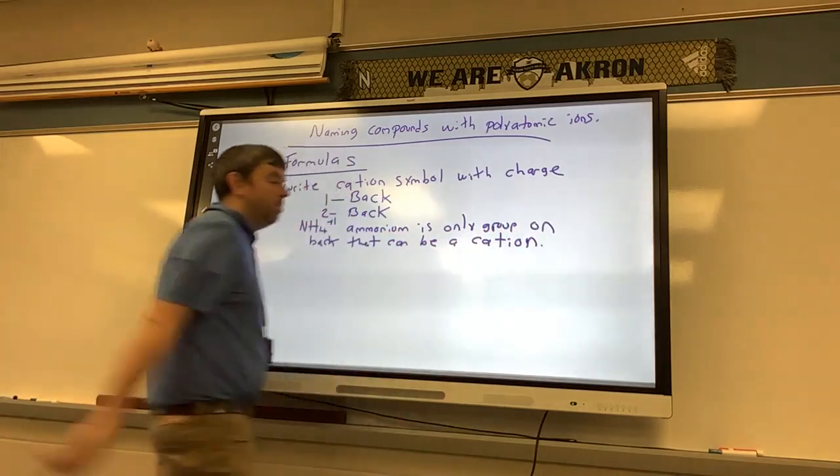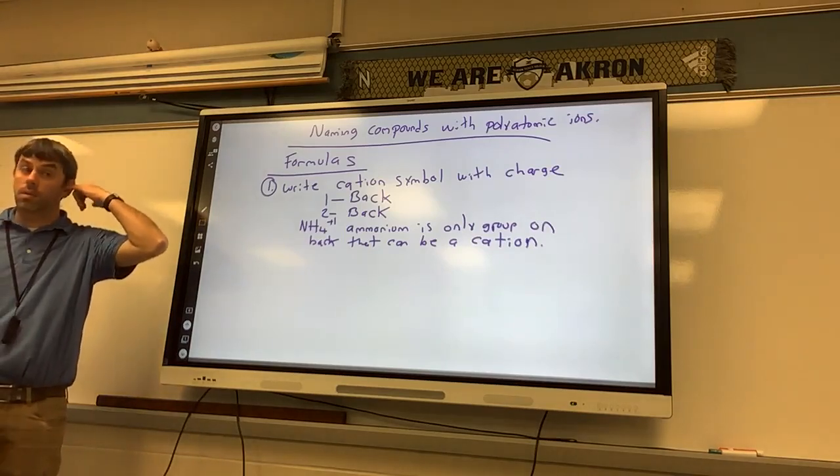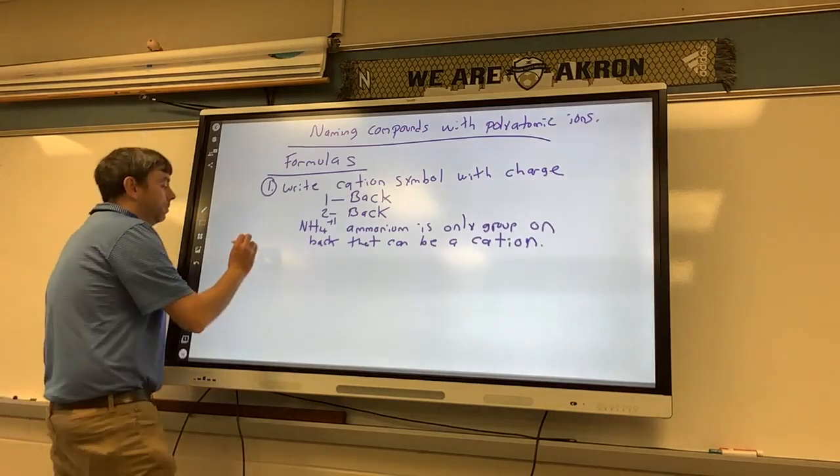Look at the back, it's alphabetical, all right? Why is ammonium the only group on the back that can be a cation? It's the only group on the back that has a positive charge. Step 2.